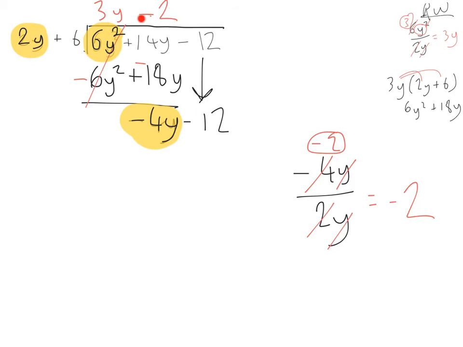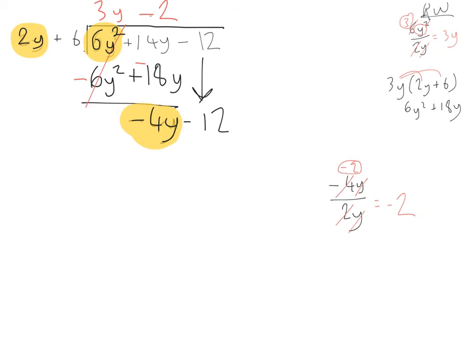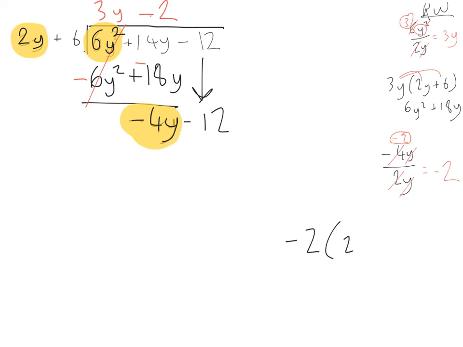And again, we multiply the minus 2 by everything outside the bus stop. So we have minus 2 multiplied by 2y plus 6. Minus 2 by 2y, minus 4y, minus 2 by 6, minus 12.